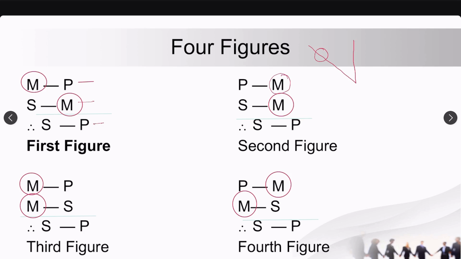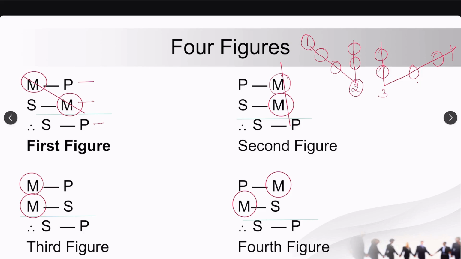So if this is the first figure, the second figure, and then the third figure, and then the last one is the fourth figure. You can see the position of M is this way, and then we have M this way. So it's a technique to remember M, and then we have this way.